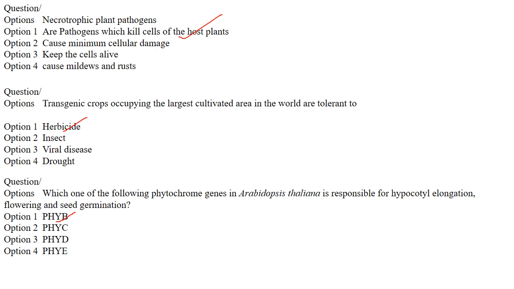Transgenic crop. Okay. You can search the internet for that. Then the next one. Which one of the following phytochrome genes in Arabidopsis thaliana is responsible for hypocotyl elongation, flowering and seed germination? So it is PHYB.